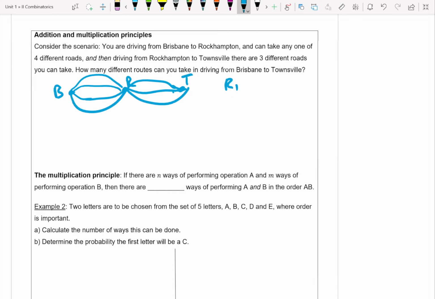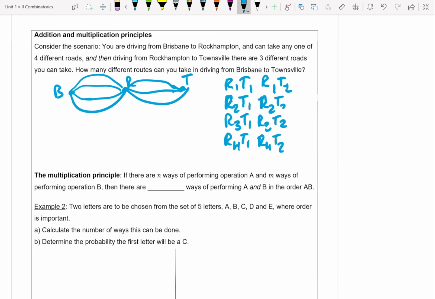R1, which is the first road to Rockhampton, and then the first road to Townsville, T1. We could then have R2, T1, R3, T1, R4, T1, and then R1, T2, R2, T2, R3, T2, R4, T2, and then R1, T3, and this continues.